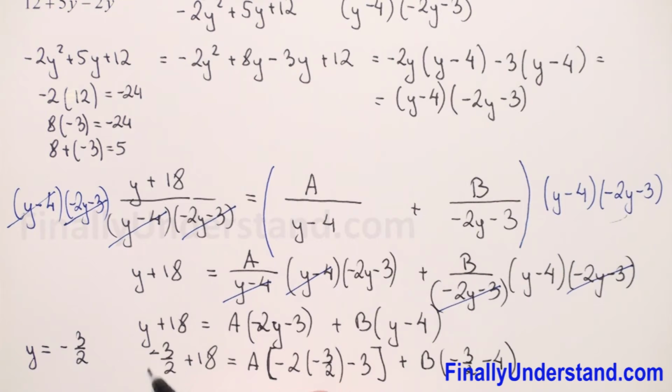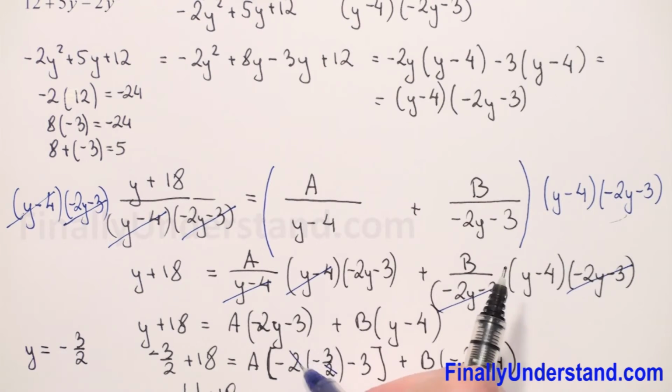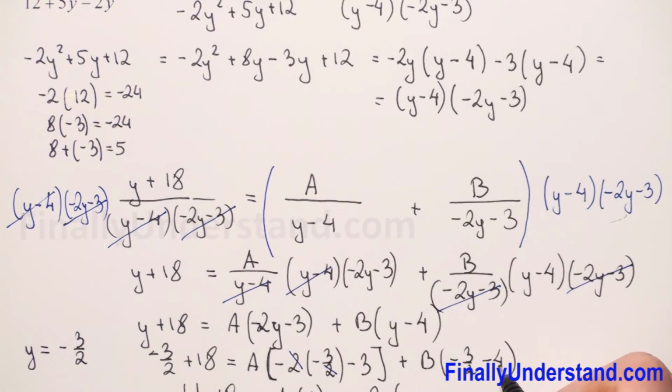So now let me change this improper fraction to a mixed number, so it will be negative 1 and 1/2 plus 18. So this is equal, and now because we have multiplication in brackets, 2 with 2 we can reduce, and negative times negative gives me positive, so we have 3 minus 3 gives me 0, so we have a times 0 plus b times, in parentheses we have 3 over 2 and 4.